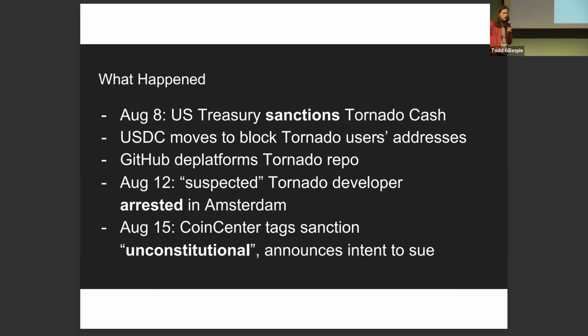So what happened? On August 8th, which is last Monday, the US Treasury sanctioned Tornado Cash. And what this means is that all of the funds that were in Tornado Cash are inherently burned, because anyone who wants to use such funds would be violating US sanctions law.